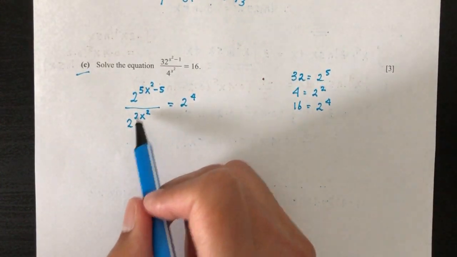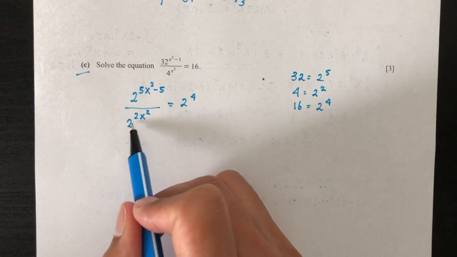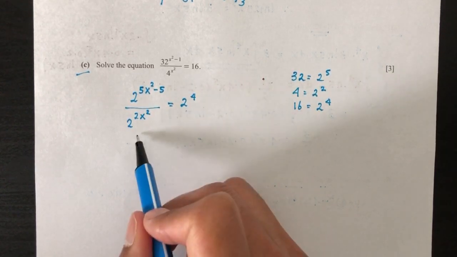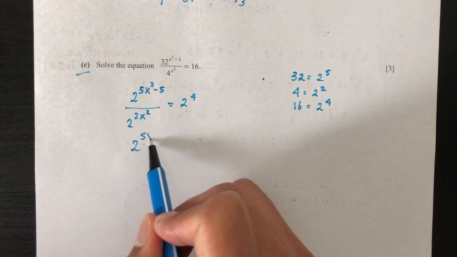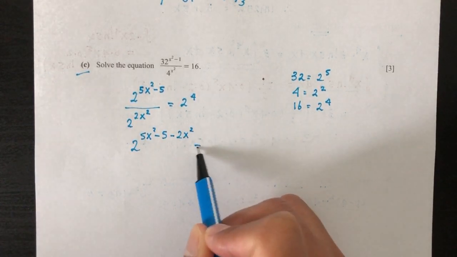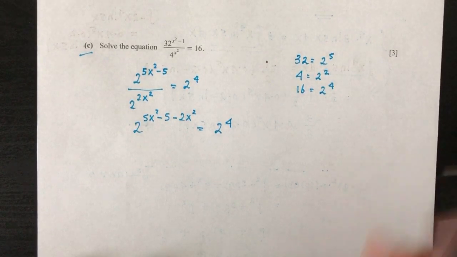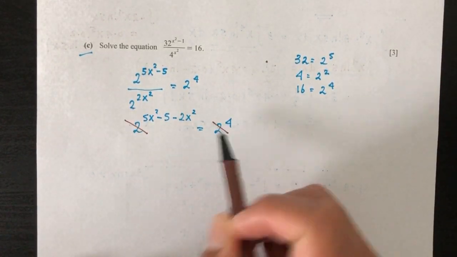Now if you simplify this, when you divide by the same base, you have to subtract the powers. So 2 power 5x squared minus 5 minus 2x squared is equal to 2 power 4. Now since you have the same base on both sides, that can cancel out.